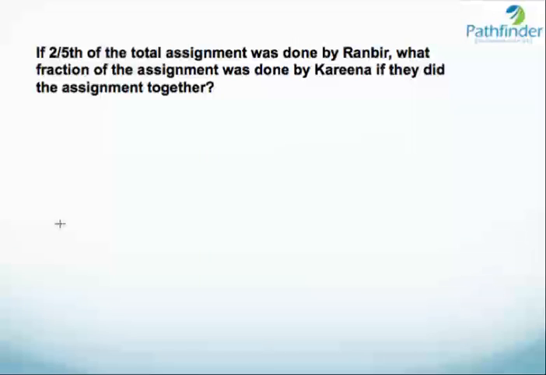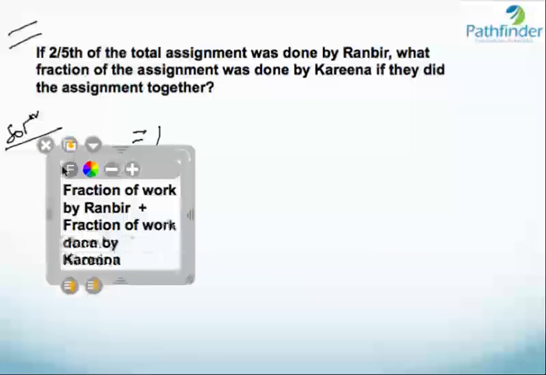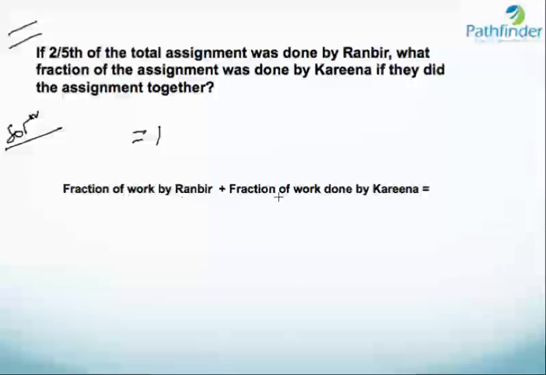So we have the next question here. If 2/5 of the total assignment was done by Ranbir, what fraction of the assignment was done by Karina if they did the assignment together? So generally, the sum of all parts or all fractions is equal to 1. So we should have the fraction of work done by Ranbir plus the fraction of work done by Karina equal to 1.